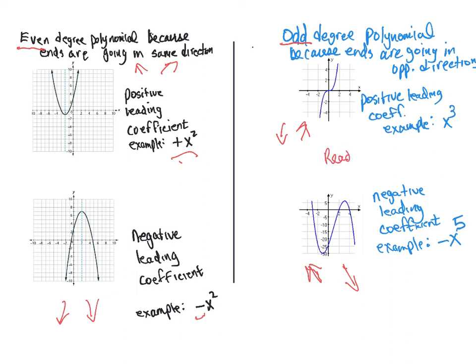And you can see if you start at the left here and you follow to the other, so say you're following a positive route. So that makes it a positive coefficient on our odd degree. This one, reading left to right, you're starting here and you want to go to the other end. So you're going down, which is negative. So that would be like a negative x to the fifth.